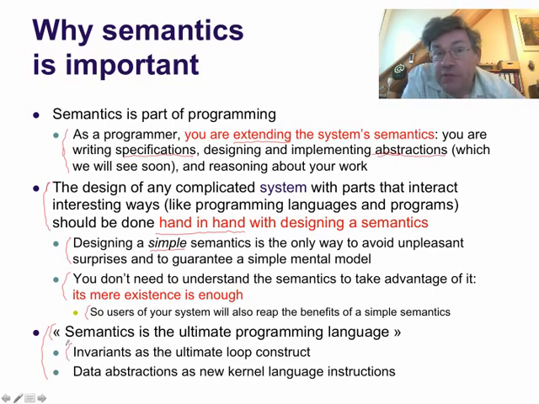One example that we've seen already, invariants are the ultimate loop construct. You don't want to write explicit loops where variables are assigned or things are executing repeatedly. No, you want to think in terms of invariants. And what we will see, data abstractions are extensions of the system, are essentially new kernel language instructions. So you are building a new system when you build data abstractions. And data abstractions as new kernel language instructions is inherently a semantic thing.